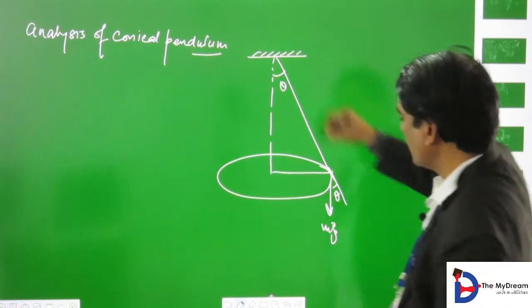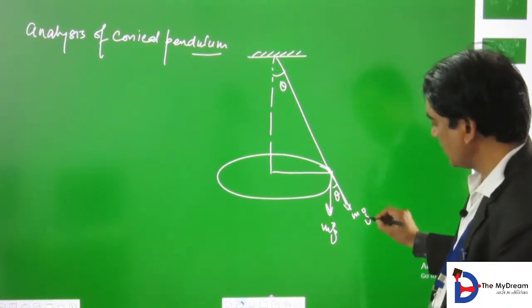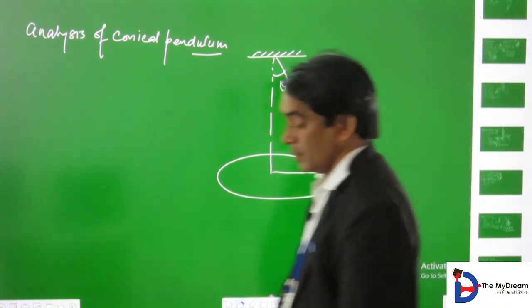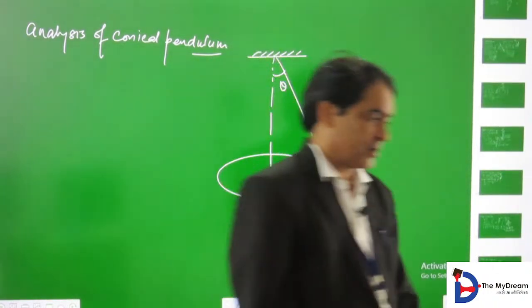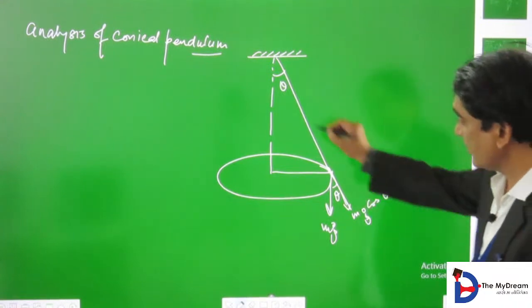This is the corresponding angle. तो ये क्या हो गया, mg cos theta. Because of this weight, there is the tension.